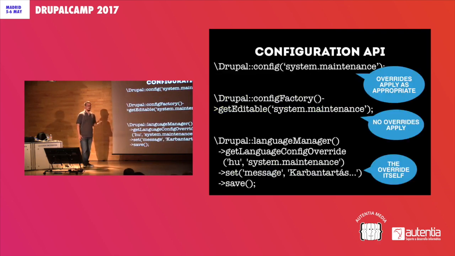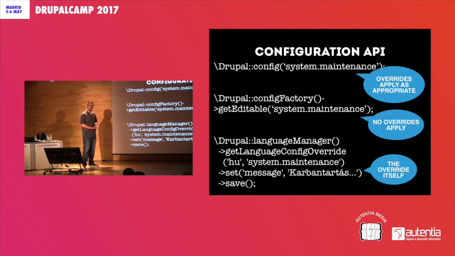So this is for loading your configuration in a concrete language. There are other methods for loading your configuration. The next one is config factory. You can call the config factory and get editable.